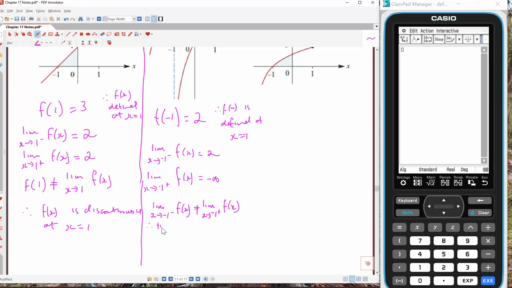Therefore, the limit does not exist, and thus f of x is discontinuous, or not continuous, at x equals negative 1.